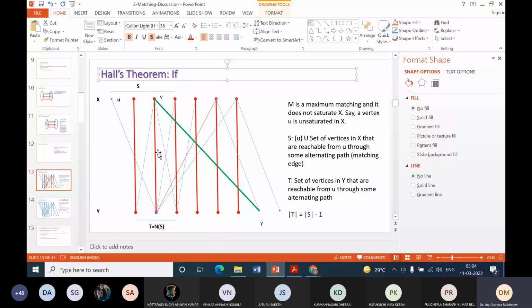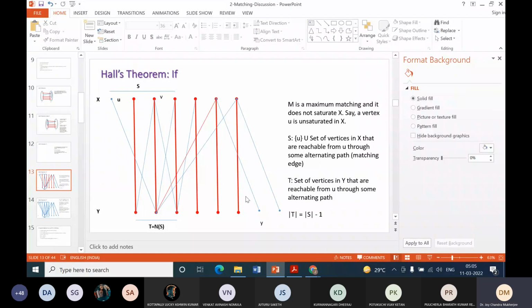So Y must be included in T. That is our definition of T, set of vertices in Y that are reachable from U through some alternating path. But that is not there, so such an edge cannot exist.